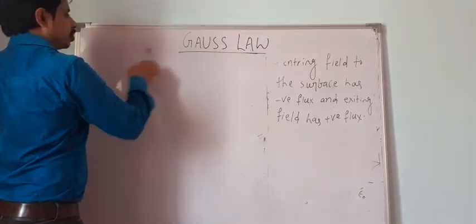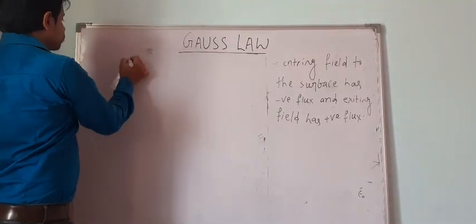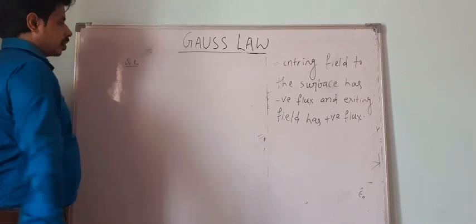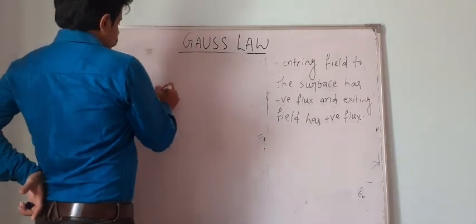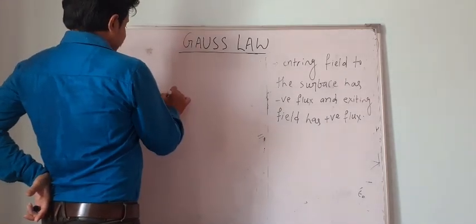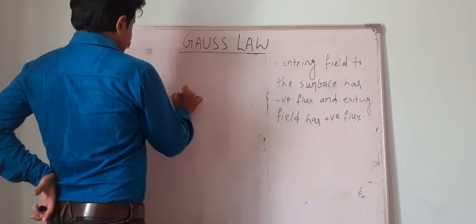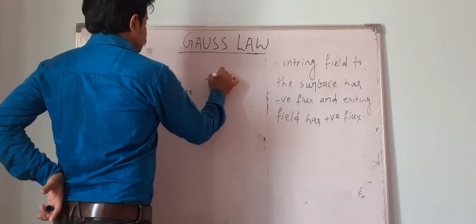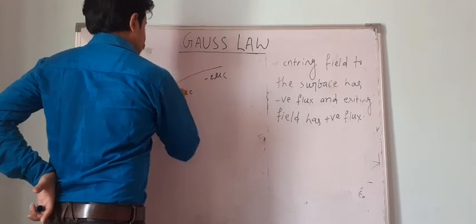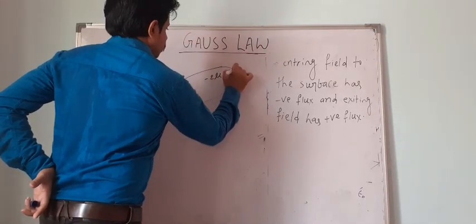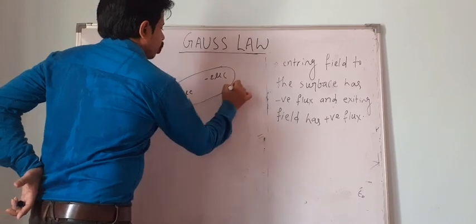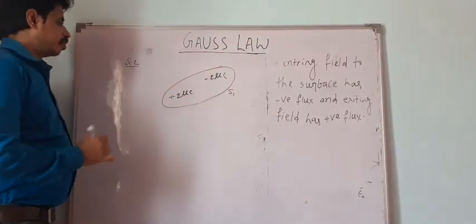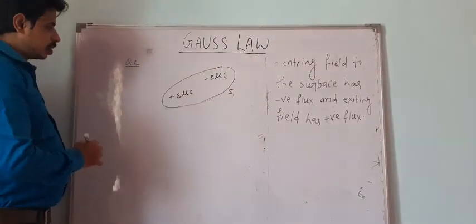Now, next, suppose I take two charges like this and enclose them in a surface S1, plus 2 microcoulomb, minus 2 microcoulomb.